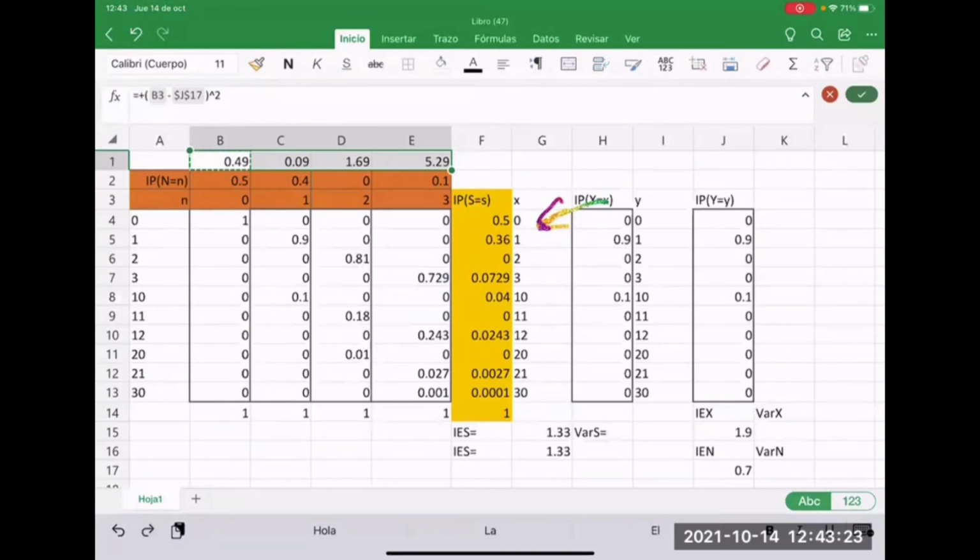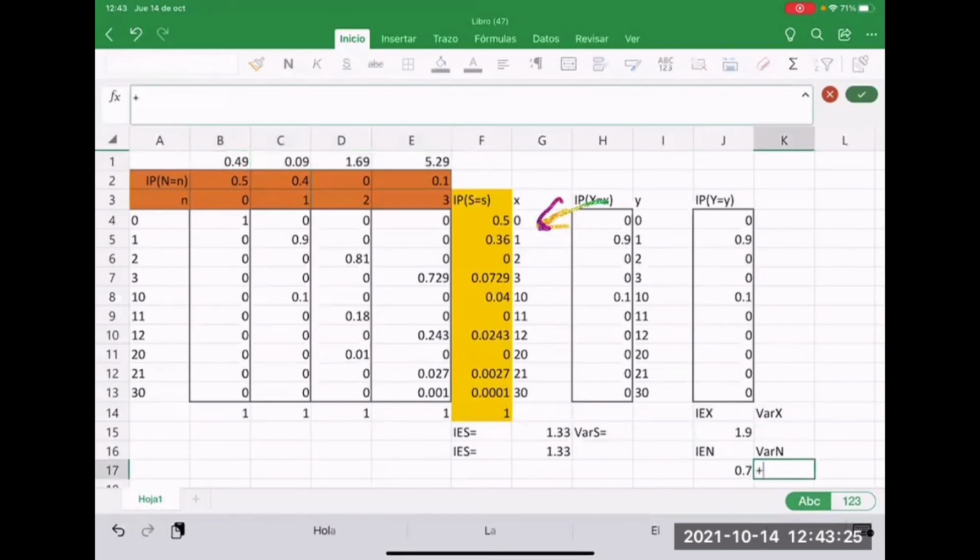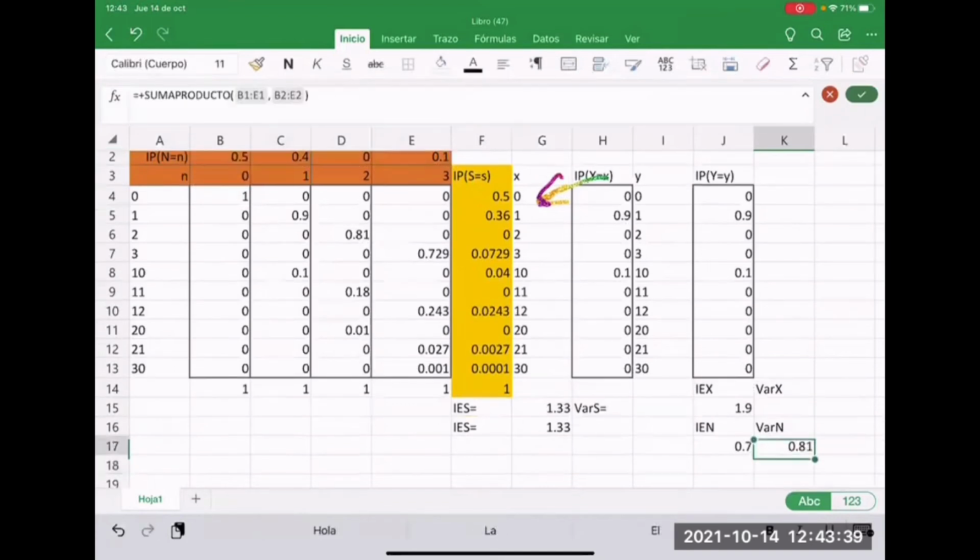So what is the variance of N? That's just the sum product of this vector here with this other vector here. And there we have the variance of N.